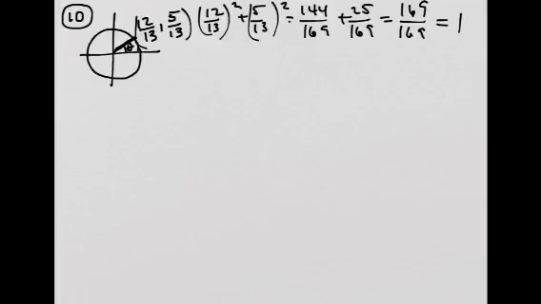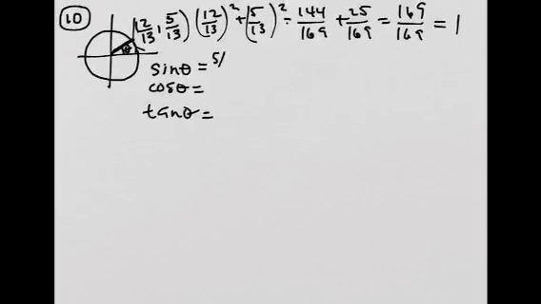So they want you to find sine of theta, cosine of theta, tangent of theta, and the other three. So remember, sine of theta on a unit circle is simply y. So it's 5/13. Cosine theta on a unit circle is x. So it's 12/13. Tangent of theta is y over x. So I'm going to take this number over this number.